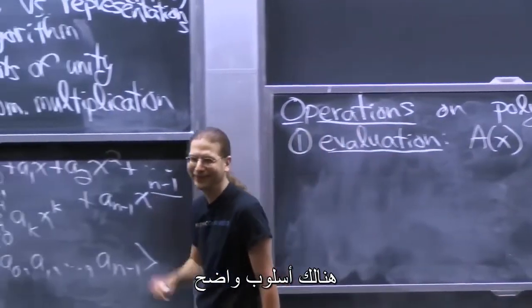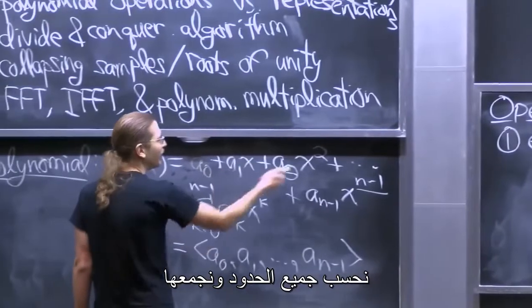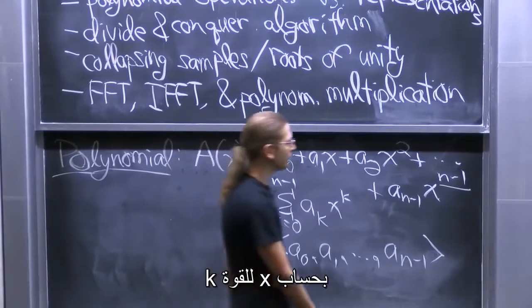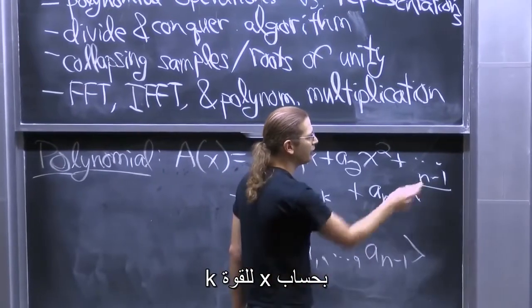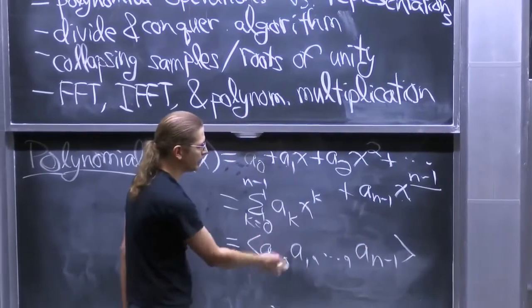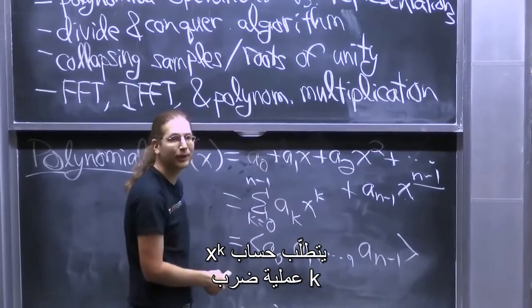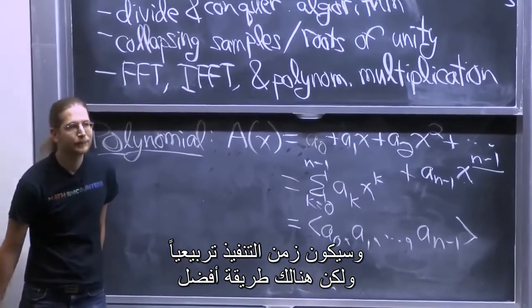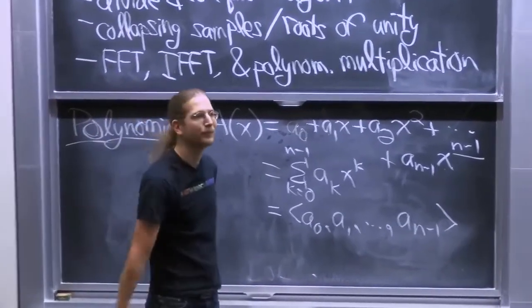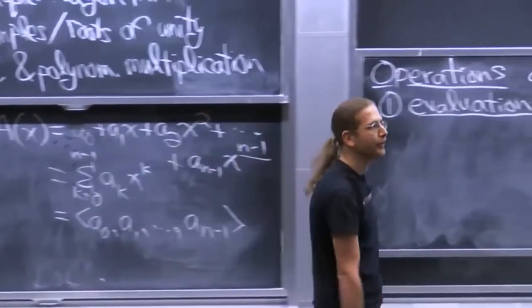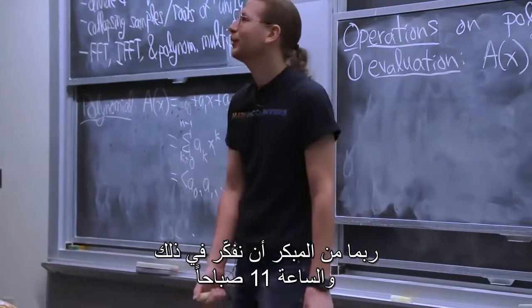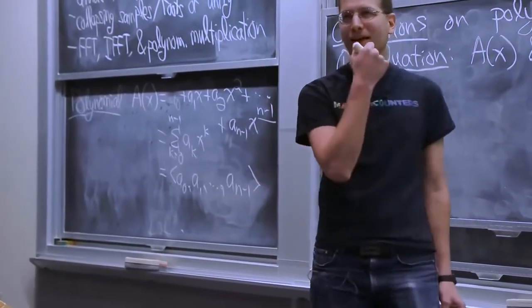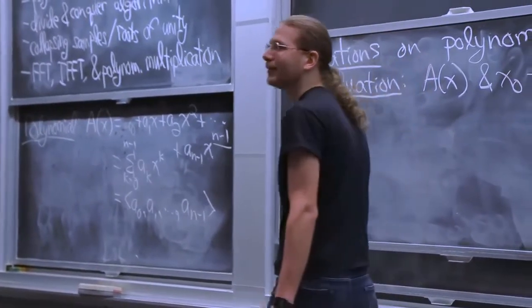There's an obvious way. You compute all the terms and add them up. But if you do that naively, computing x to the k, maybe takes k multiplications. And so the total running time would be quadratic. But we can do better than that. I know 11 o'clock is too early in the morning to think, but yeah.